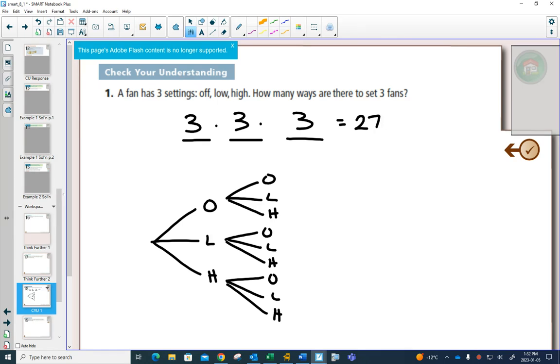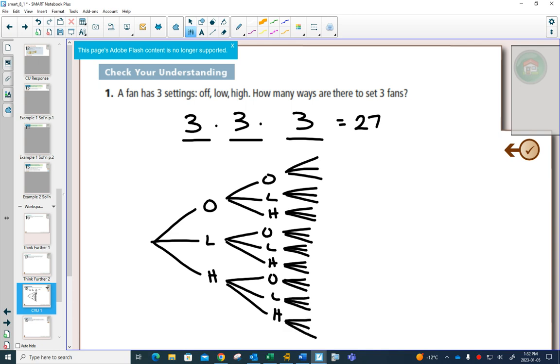And then your third one could be off, low, high, off, low, high, off, high, off, low, high. Oh my goodness. And in the end, can you see that there's 27 things listed, right?